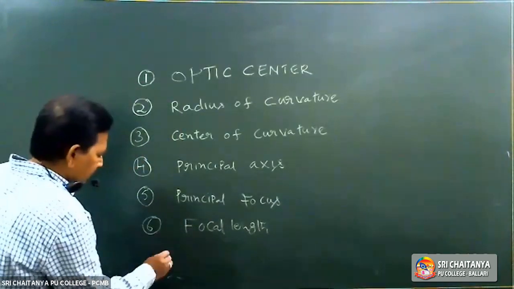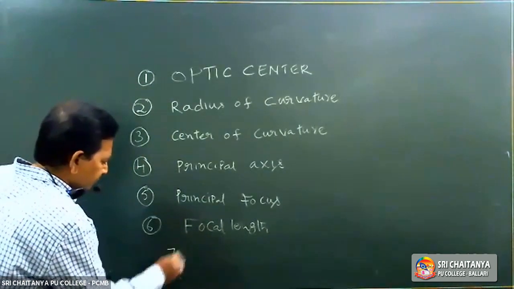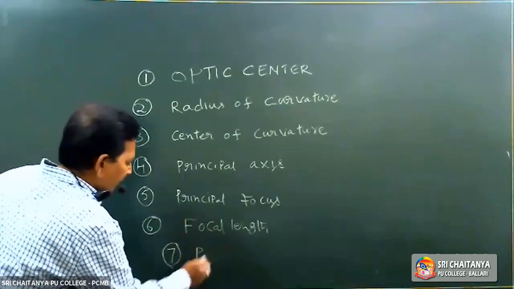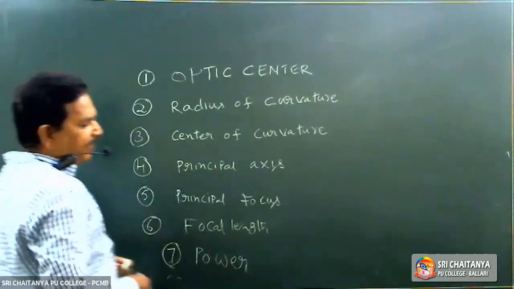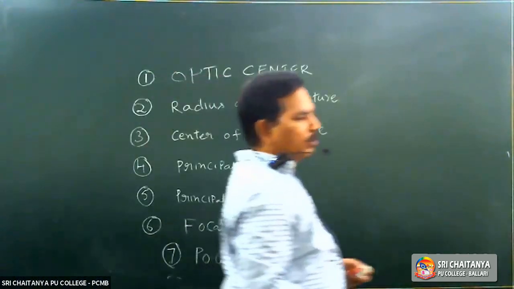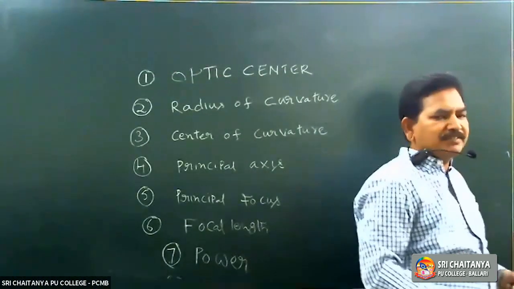Seventh one, power of lens. Seven definitions.